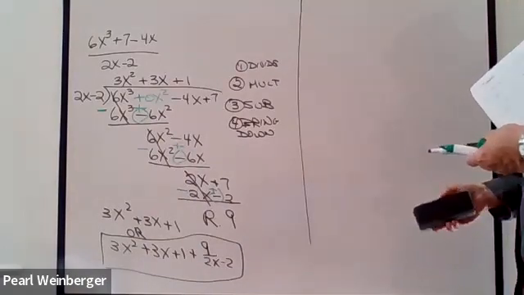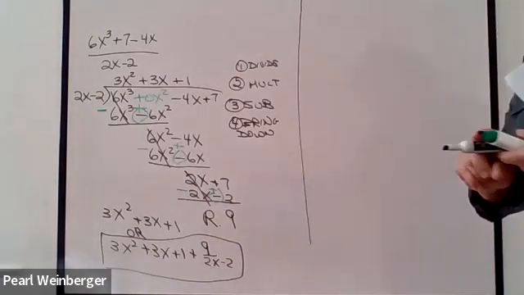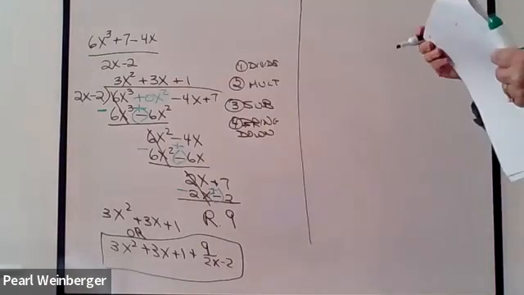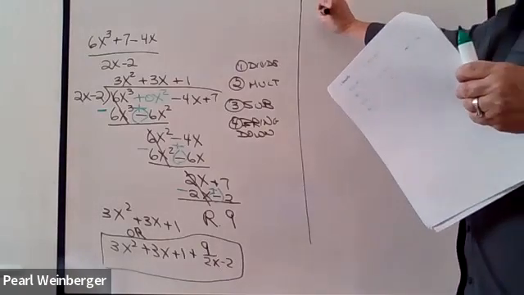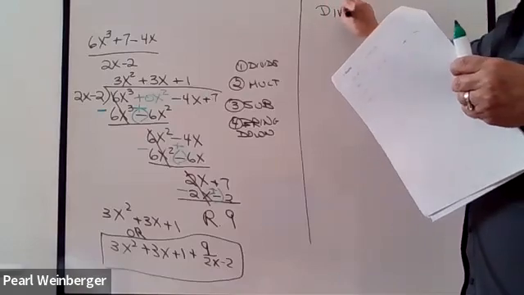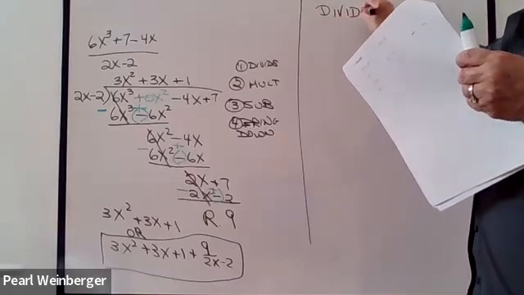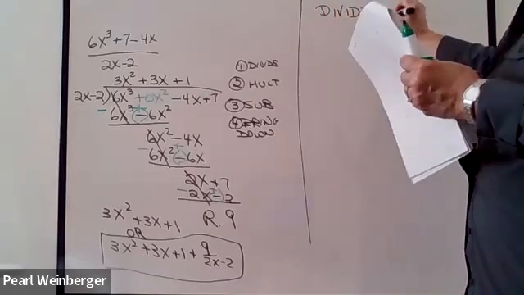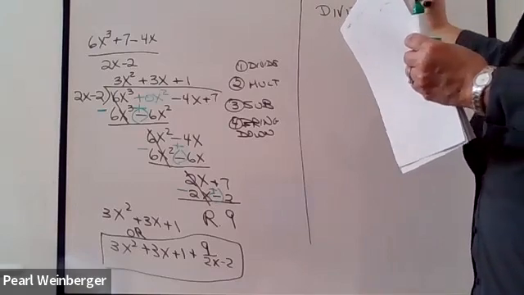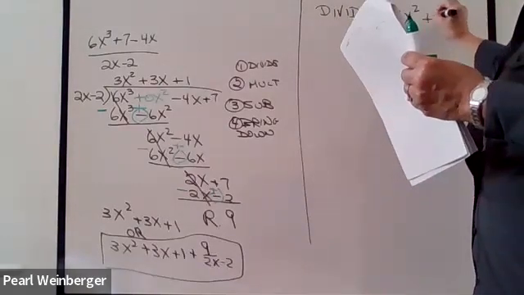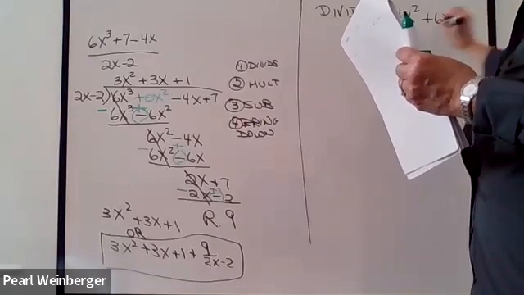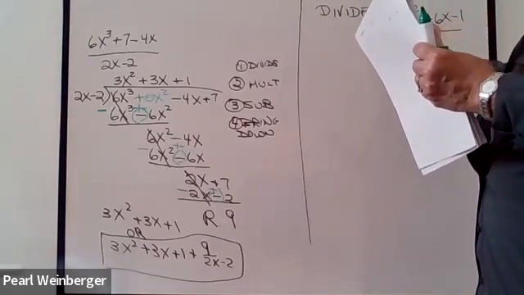I'll give you the choices. Okay, so we want to divide 4x squared plus 6x minus 1 by 2x plus 1.